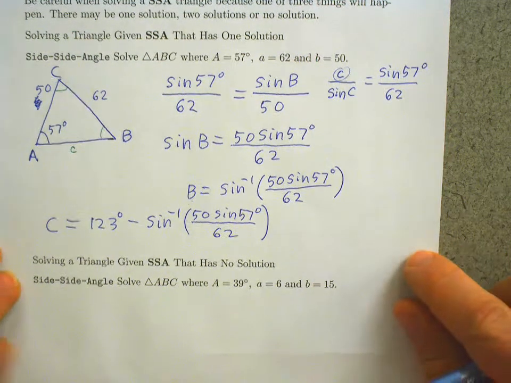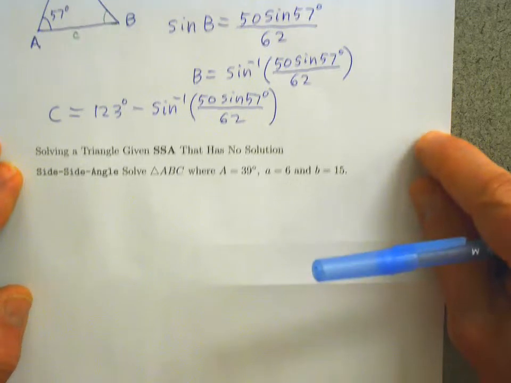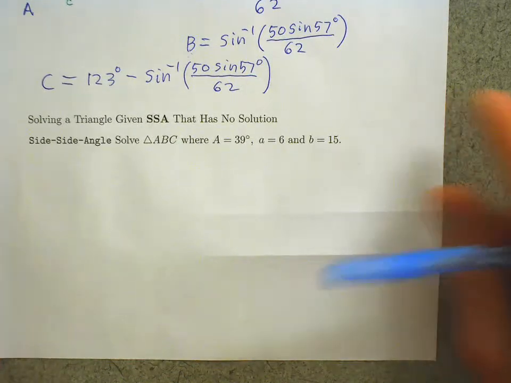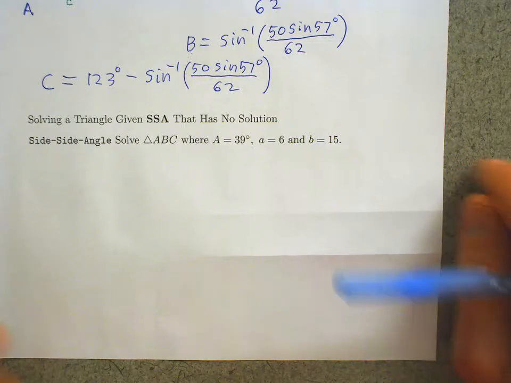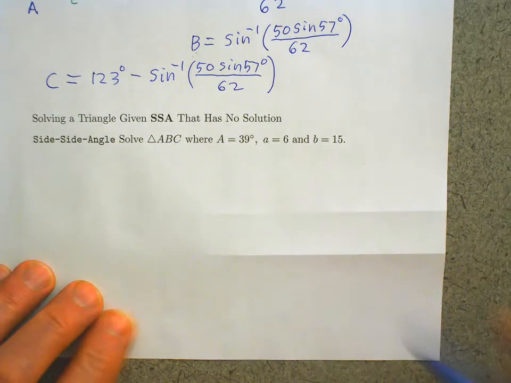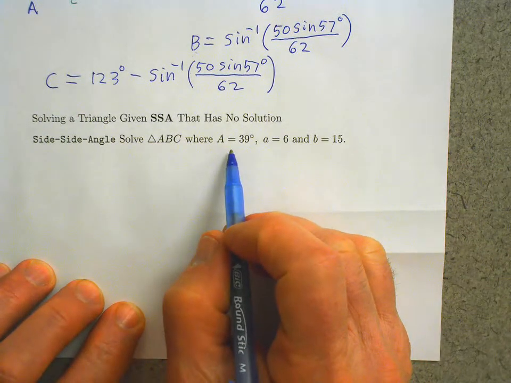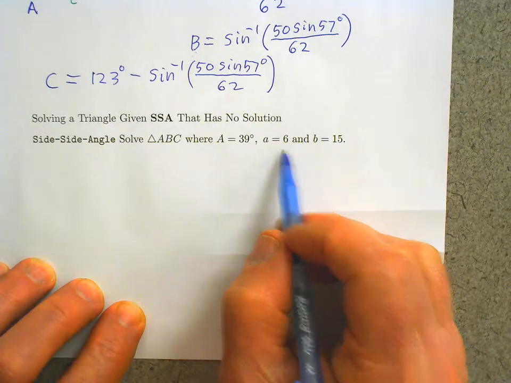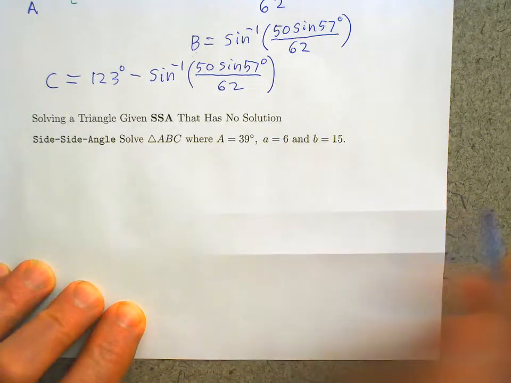Okay, the next example is also side-side-angle, but this will have no solution. So the angle A is given to be 39 degrees, lowercase a is 6, and lowercase b is 15.